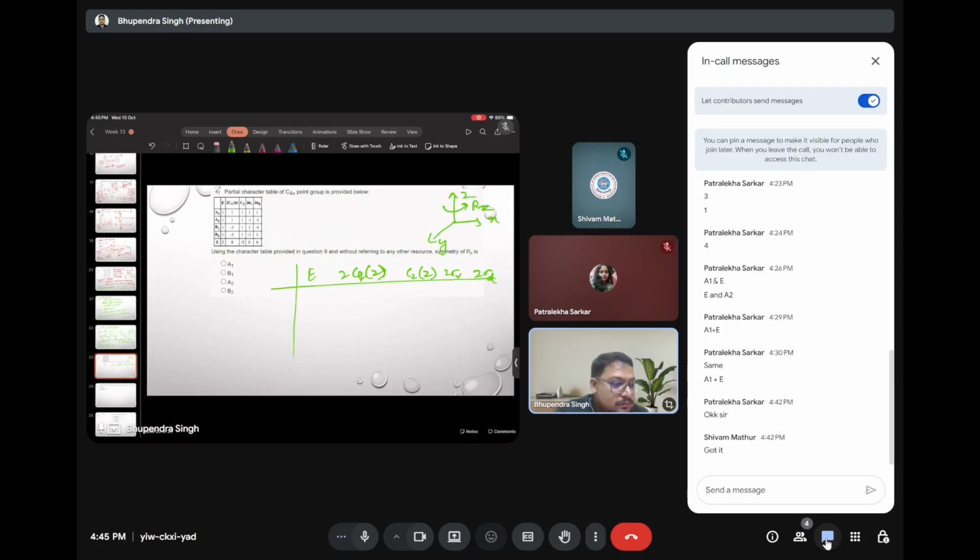Any response? Try to rotate around this Z axis and see, after applying the symmetry operations, what will be the character.